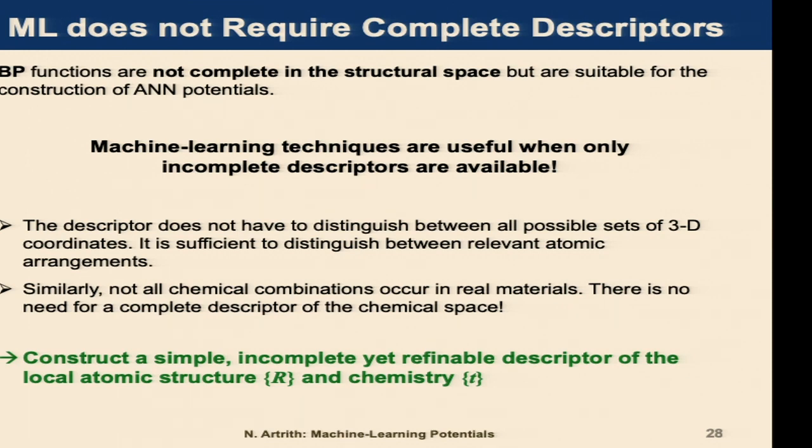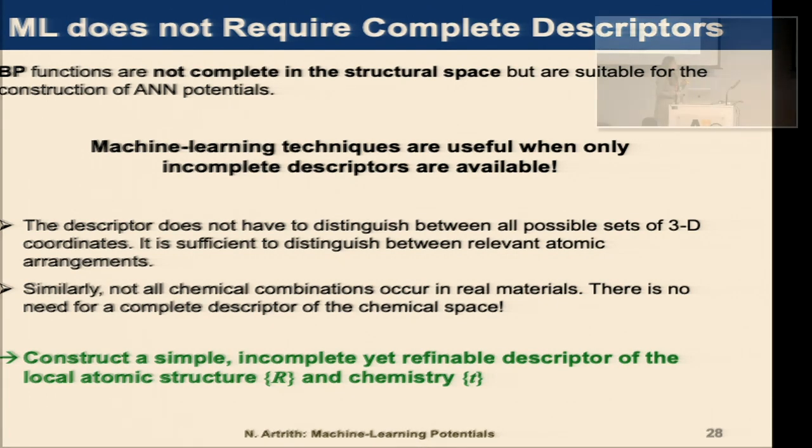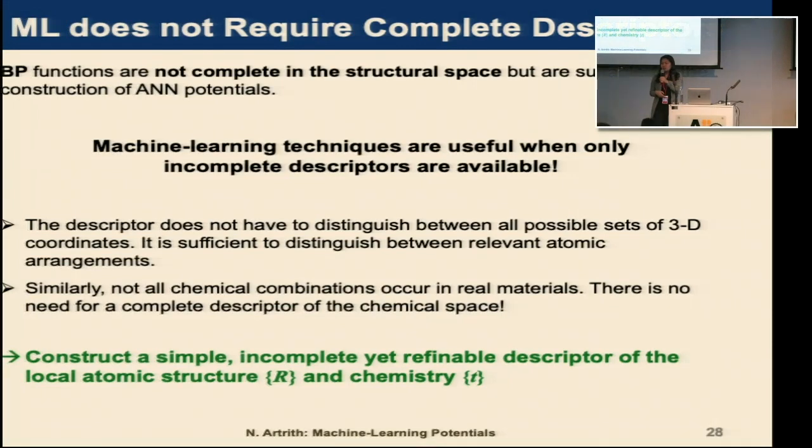We can use the same idea to describe many different chemical species of your simulation. So we are thinking that we should construct a simple and also incomplete descriptor that can really be refined for the local atomic structures.